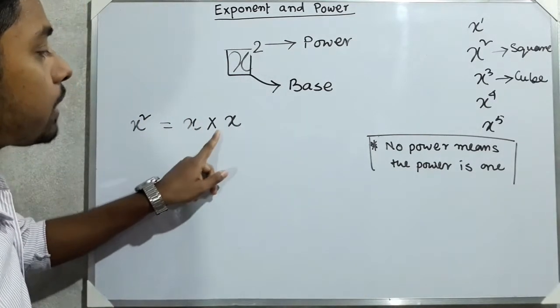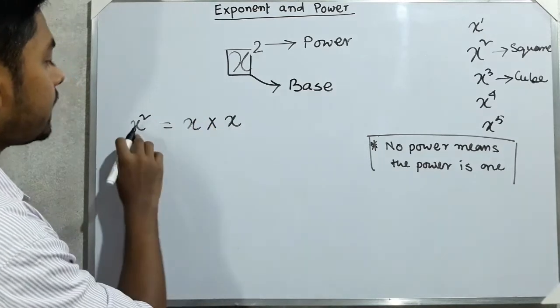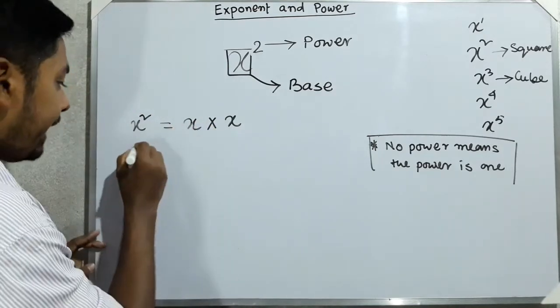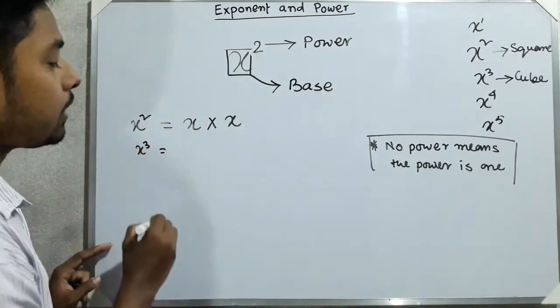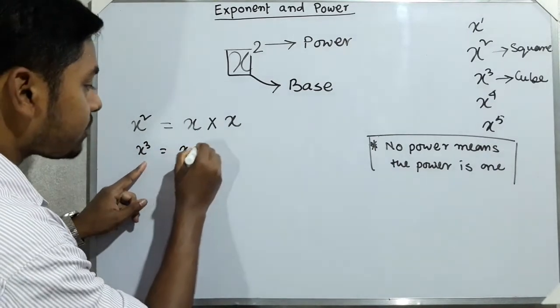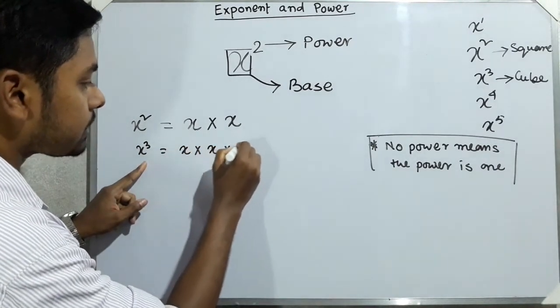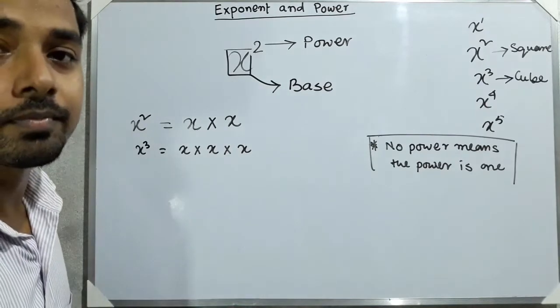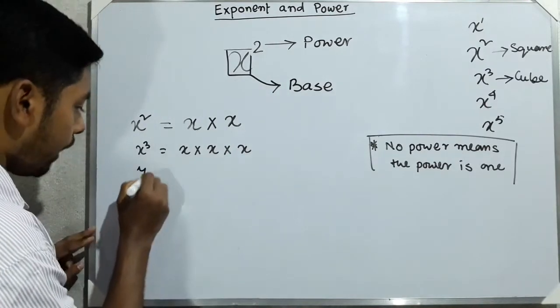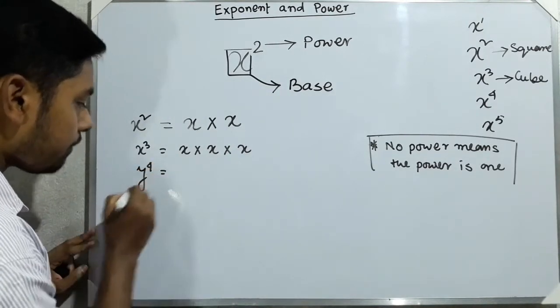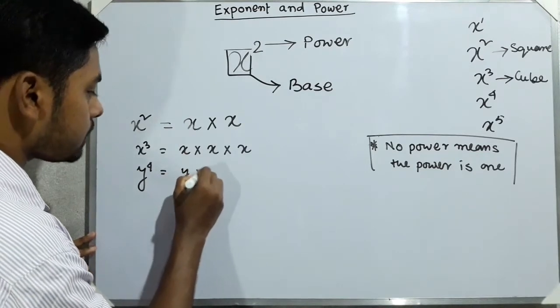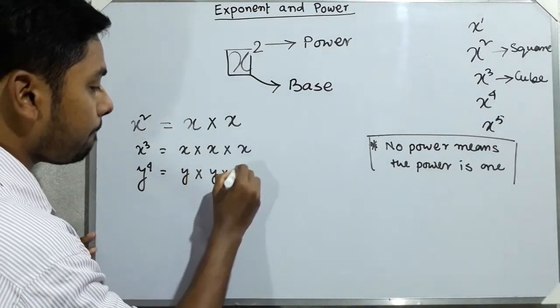Here we are multiplying 2 times x, so we have written x to the power 2. X cube, that means what? Here we are multiplying 3 times x. Clear? Suppose y to the power 4. Here we are multiplying 4 times y.